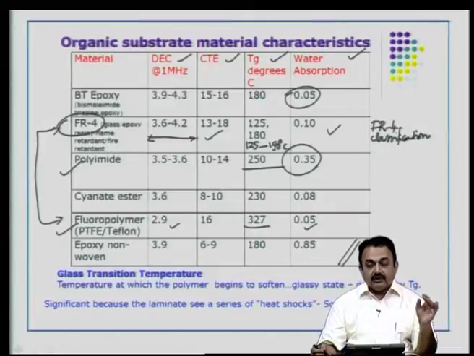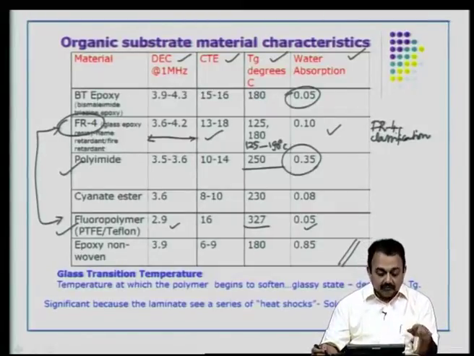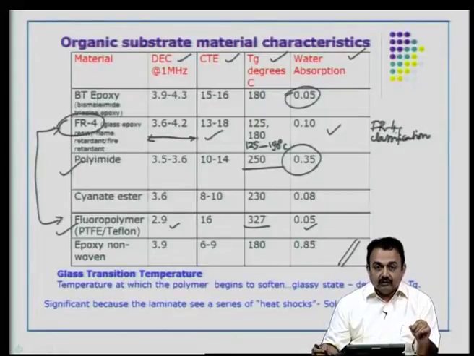So, the glass transition temperature is a very important parameter that as a designer you have to look for. The reason why I put this table here is that as a designer one should be able to select a laminate. I have mentioned before, a designer's job is also to select a laminate.